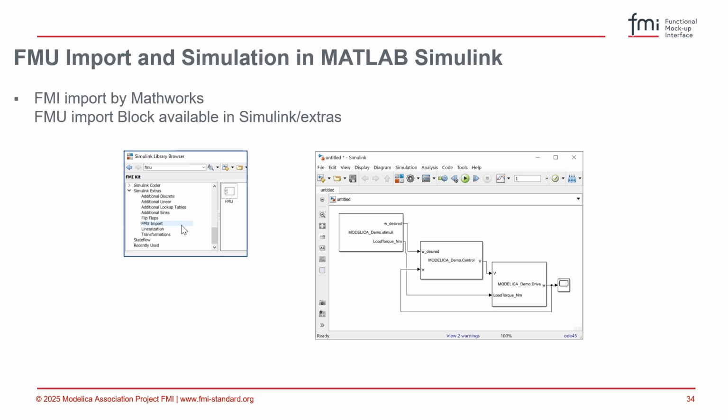And there we can see the tool-independent behavior of the FMUs. So here you find this in the Simulink library browser. You have under Simulink Extras the FMU import. That's the FMU import natively provided by MathWorks. And then you can import these 3 different models and simulate them.